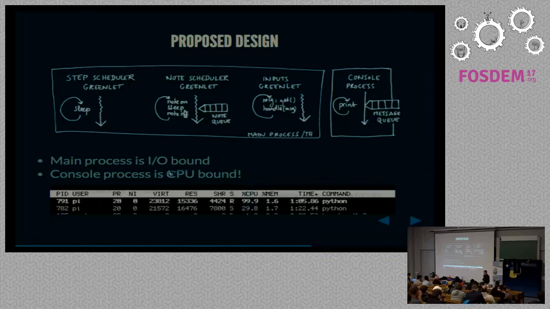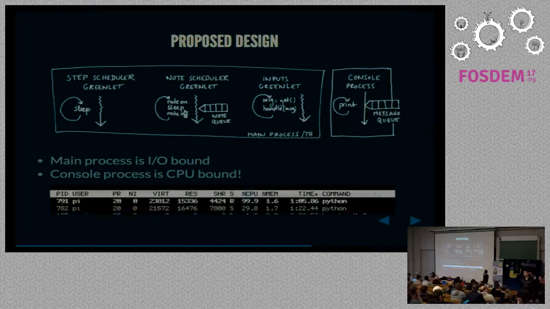So I went with greenlets, coroutines. So I have a step scheduler and a note scheduler, which schedules a note on and a note off according to the note duration. I also have an inputs greenlet to wait for messages.